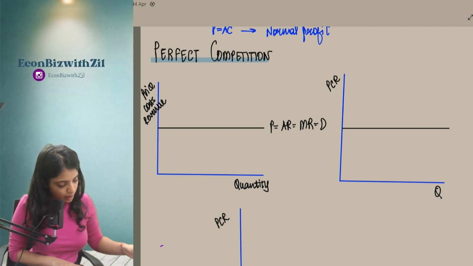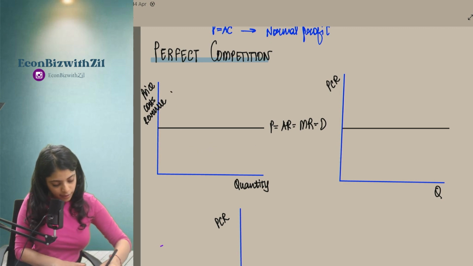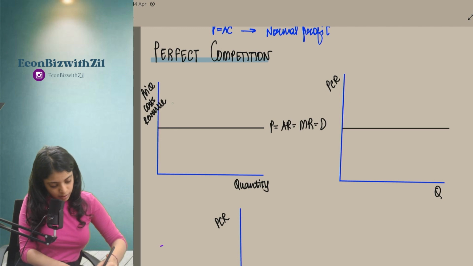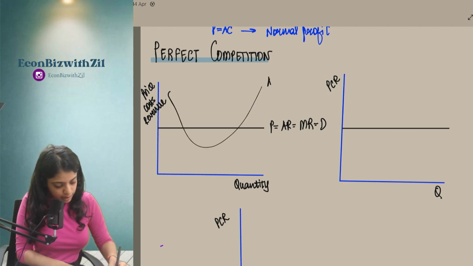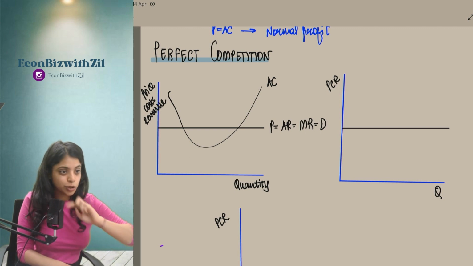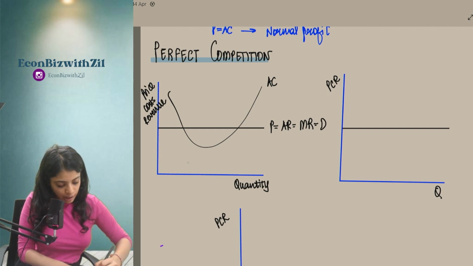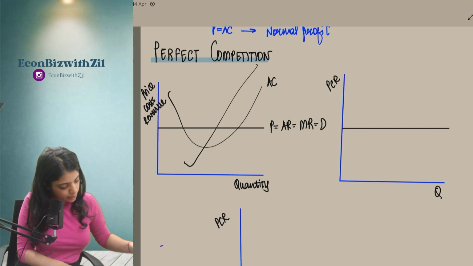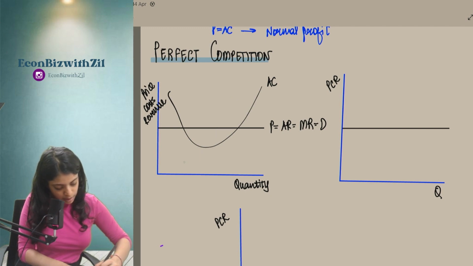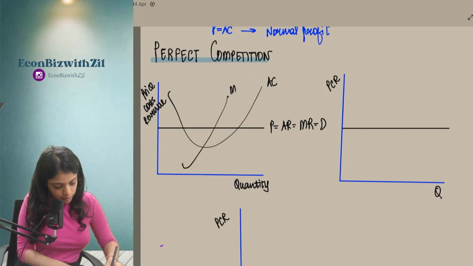Now I'm going to draw the AC. AC is like a smiley. On the iPad it's a bit of a task, but yeah, AC. And MC cuts your AC at its minimum, and it's like a swoosh, like a Nike tick. So this is what I do. Little less messy. Yeah, so this is my MC.